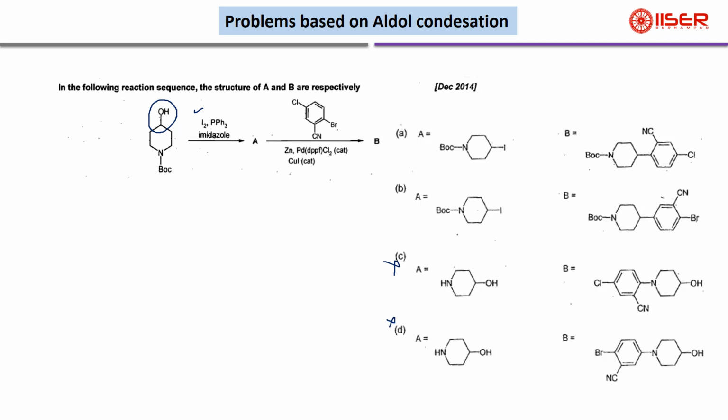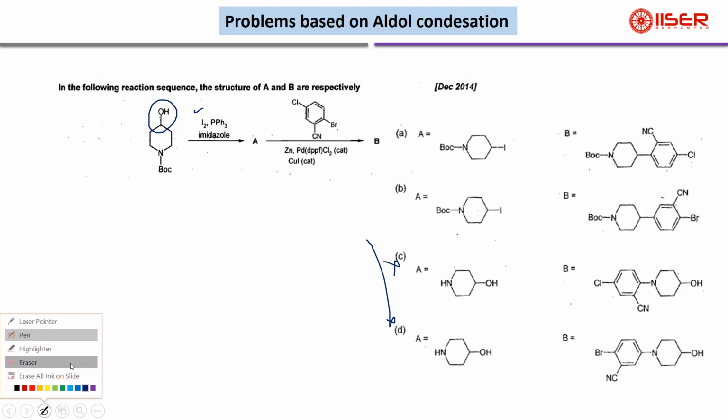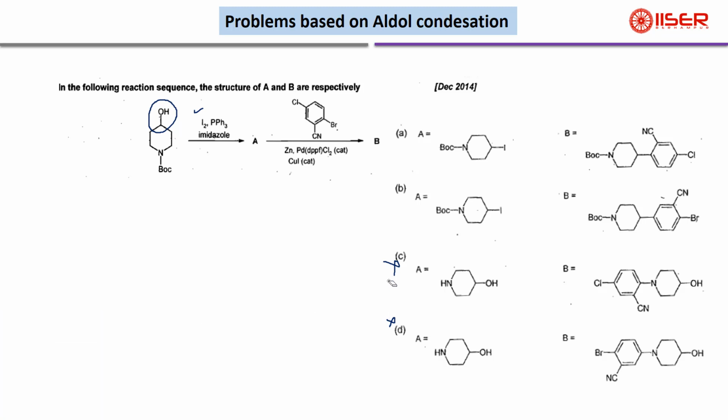Now in the next step they have added zinc, palladium and copper iodide. So there will be a coupling reaction. In this case it is clear that the carbon iodine bond will be broken to take part in a coupling reaction. But in case of this substrate we have a chlorine and a bromine. Between chlorine and bromine, which bond will be broken? Obviously the carbon bromine bond, because it is weaker than the carbon chlorine bond.